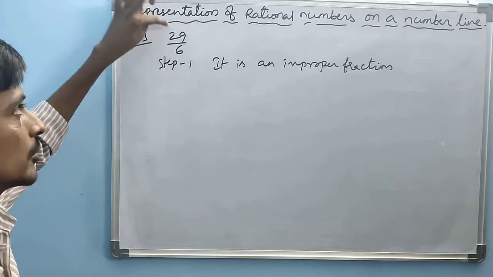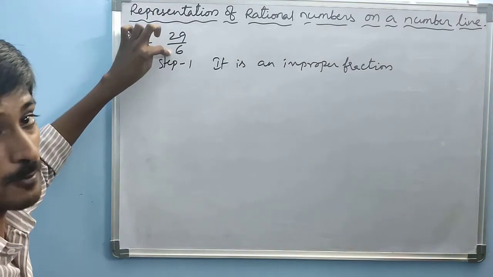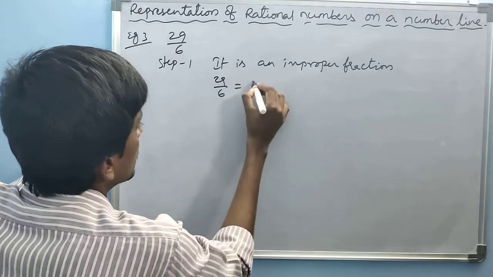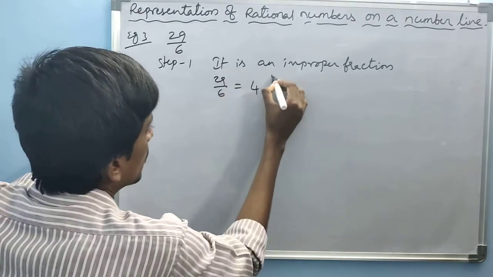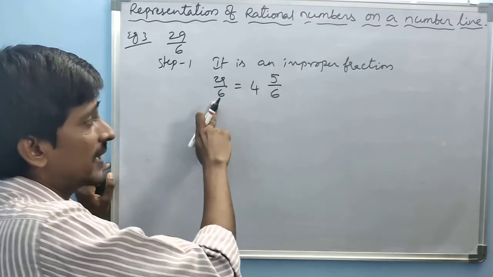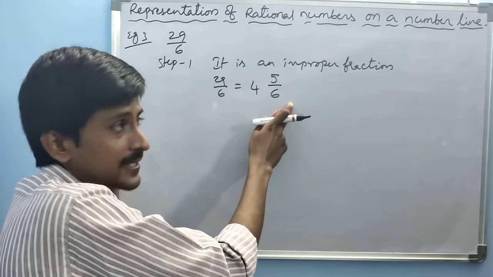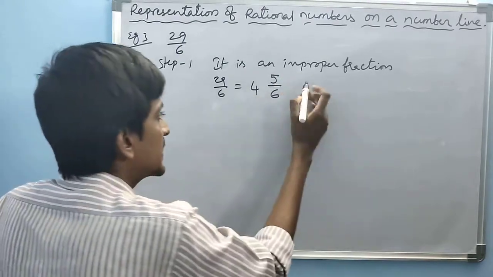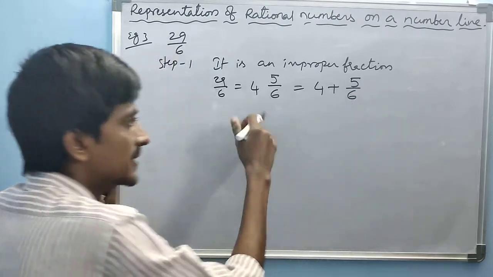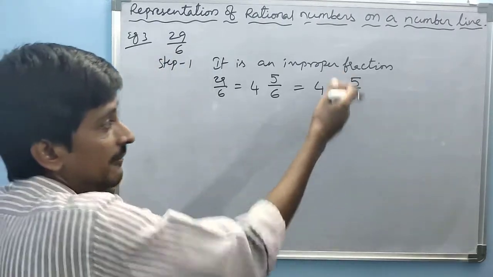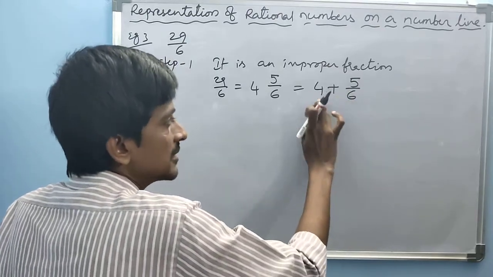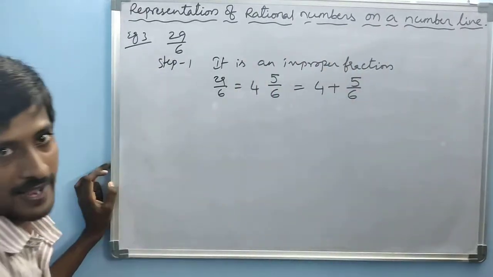Improper fraction means the numerator is bigger than the denominator. 29 by 6 can be written as 6 fours are 24, and 5 by 6. Every improper fraction can be converted into a mixed fraction. So 4 and 5 by 6. This is also written as 4 plus 5 by 6. So 4 plus something means above 4, below 5.